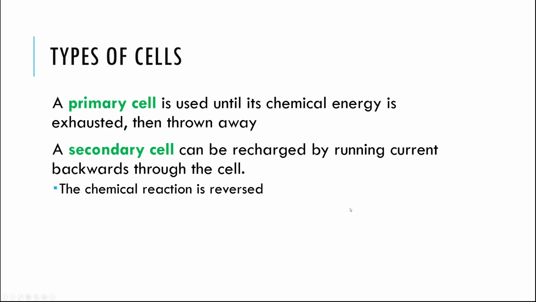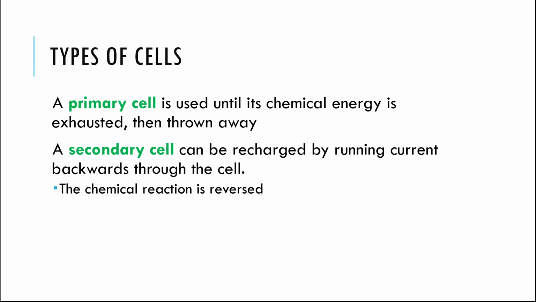This means that we're reversing the chemical reaction. Many batteries in your life are secondary cells. Your phone has a rechargeable battery, your laptop has a rechargeable battery, and if you have a portable power bank that you charge up, use to charge other stuff, and then charge back up, that is a secondary cell.